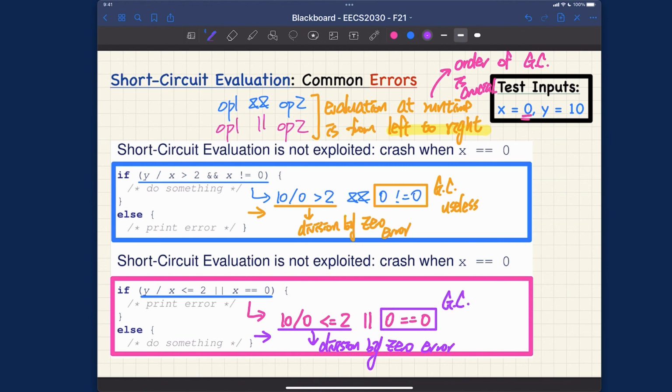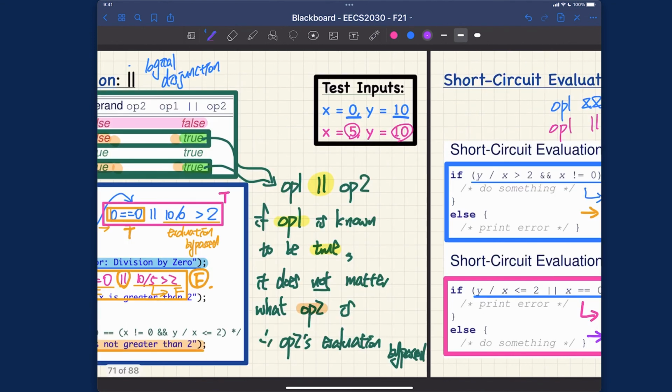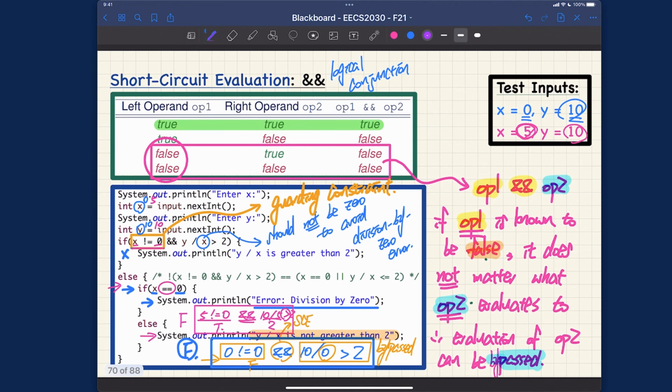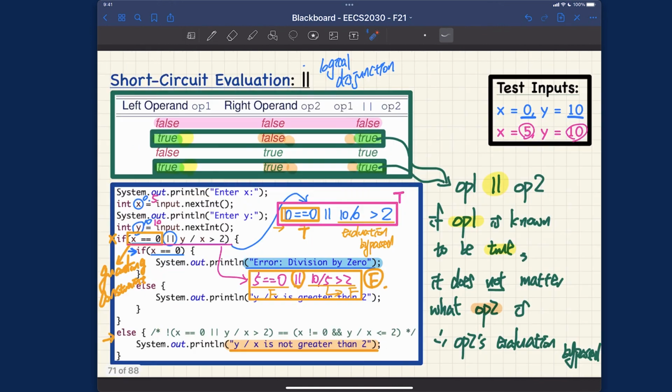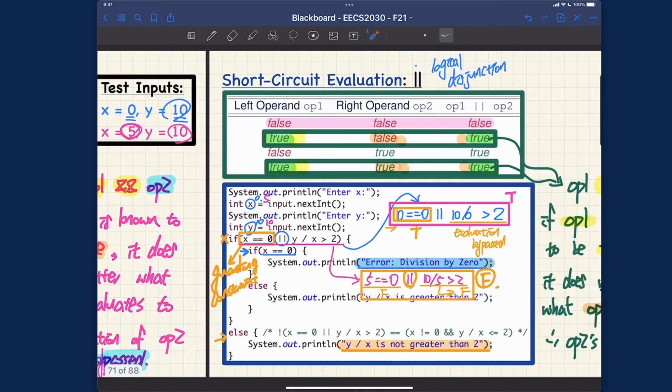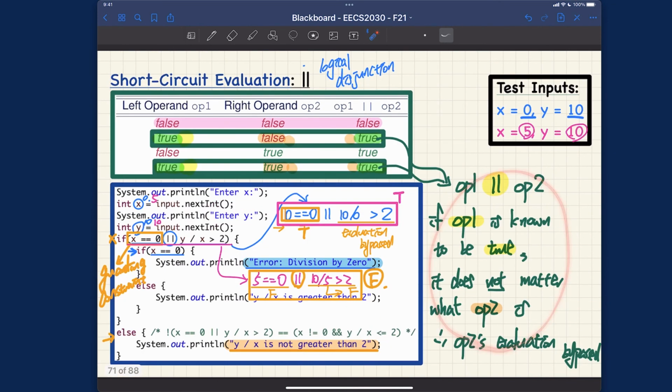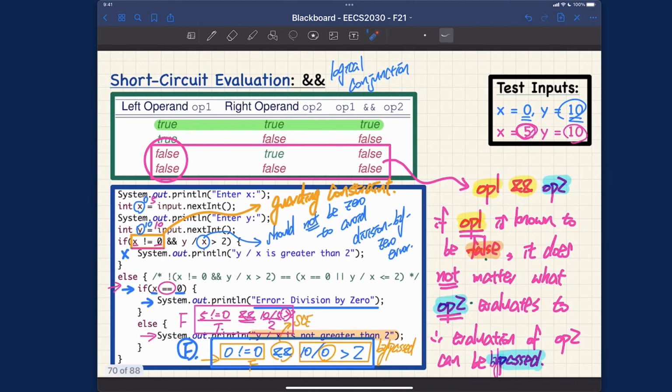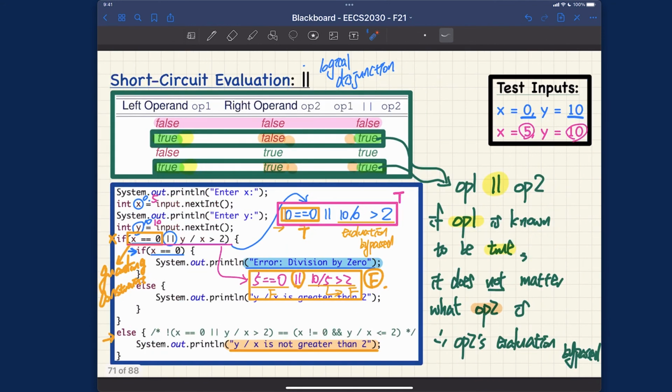Let me recap this particular review session. You want to review the truth table for both conjunction and disjunction. You want to review the definition of the short circuit effect for both conjunction and disjunction, and you want to see an example where we put a guarding constraint first and how that can protect against the division by 0 error in the case of conjunction and also disjunction.